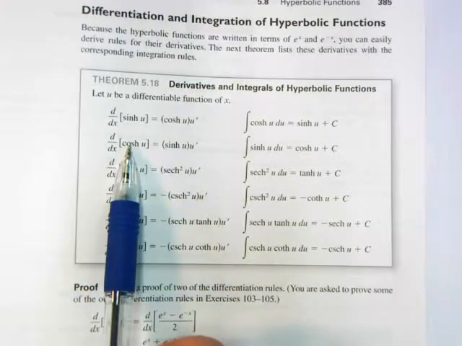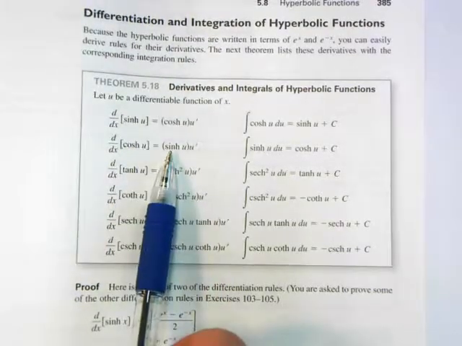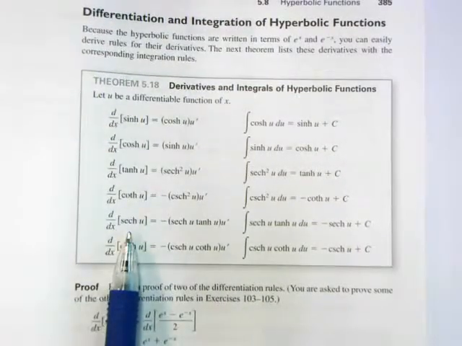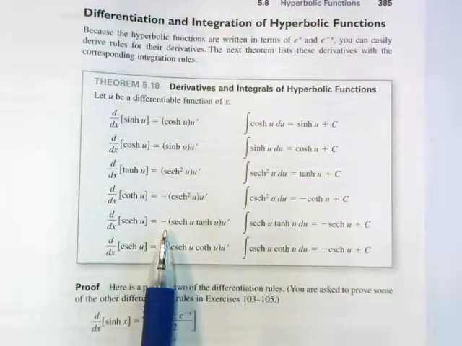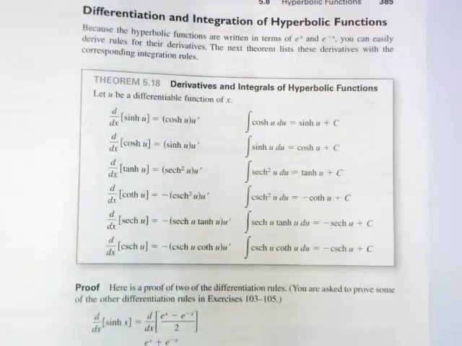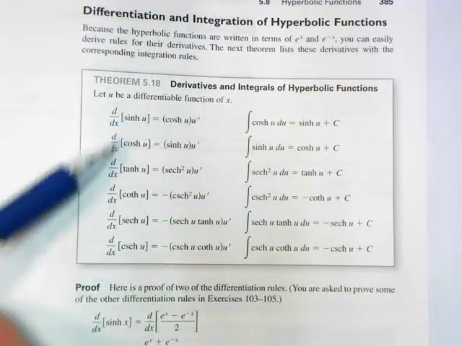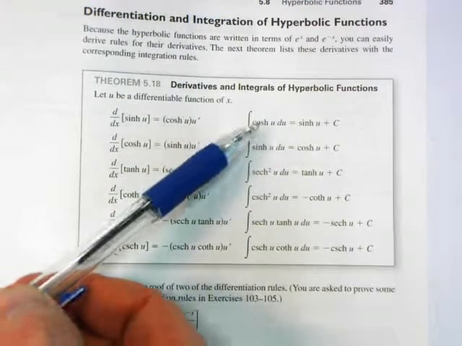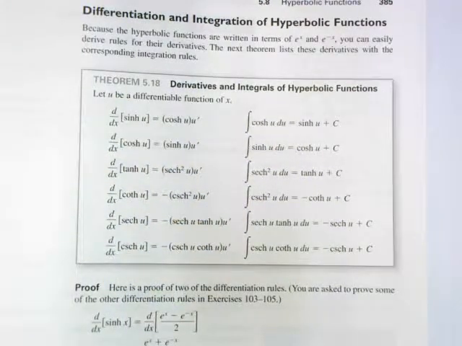The only two that are different are the derivative of cosine, which doesn't have a minus sign, and the derivative of secant, which does have a minus sign. Which makes sense, because if cosine changed, secant should change because they're reciprocal functions. And then, of course, once you have derivative rules, you also have integral rules. Questions about any of those?